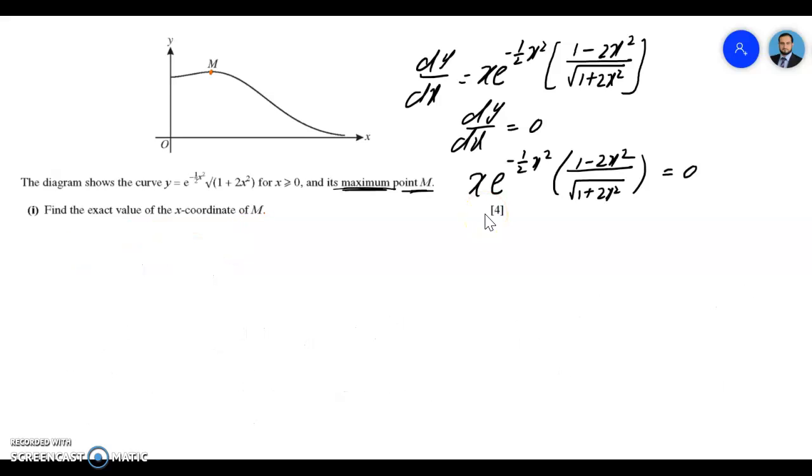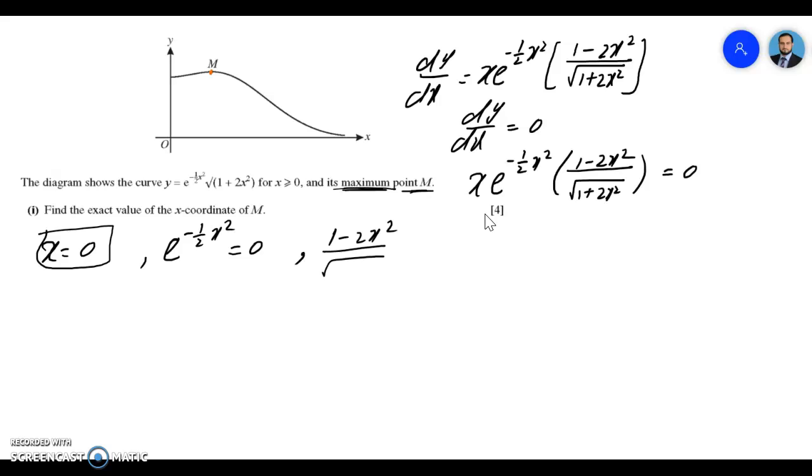From here, as we know, this whole is equal to 0, so that means x is equal to 0, or e to the power of negative half x squared is equal to 0, or 1 minus 2x squared over the square root of 1 plus 2x squared is equal to 0.